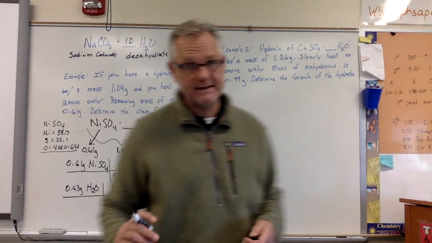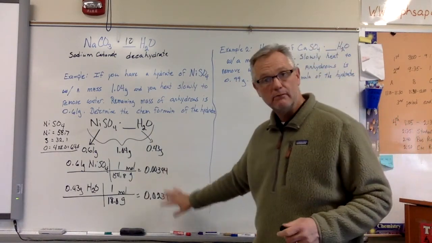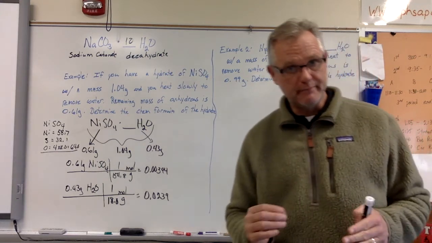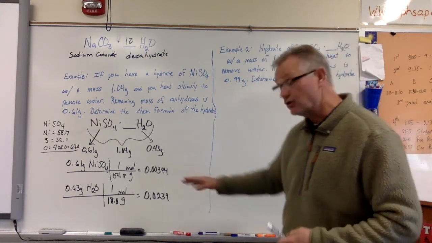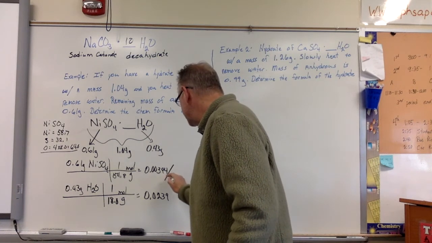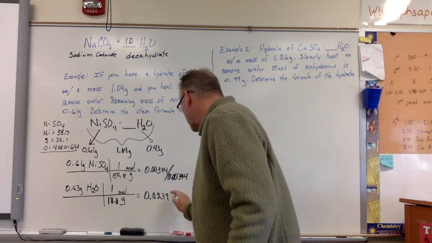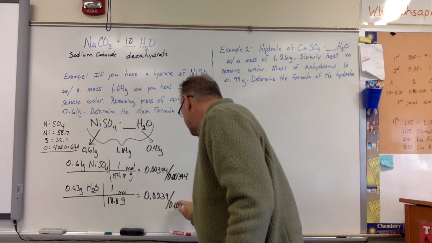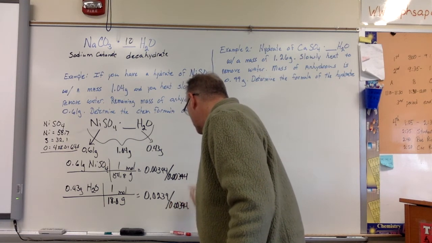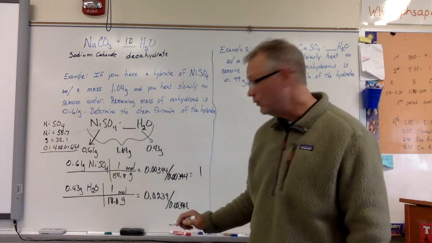So I still have to set it up to a mole-mole ratio. So I've got my mole-mole ratio, just like we did on our empirical formulas. Exact same thing. You're going to divide by the smallest one. And in this case, it's 0.00394 and 0.00394. So when I do that, a number divided by itself is going to be 1.